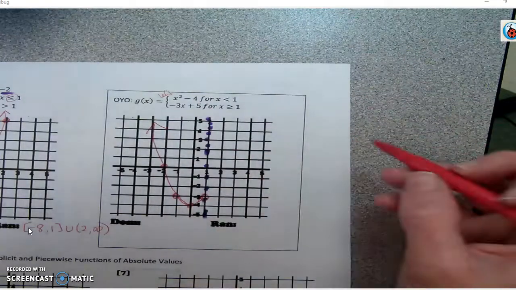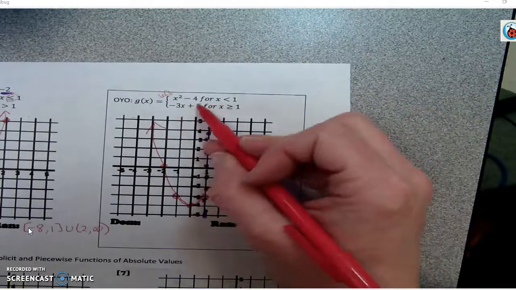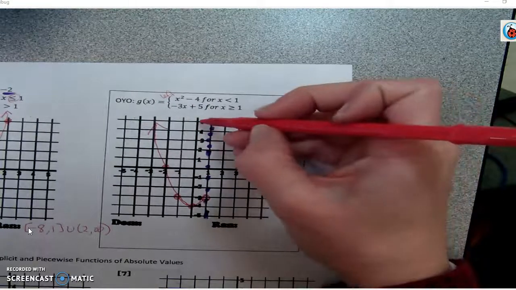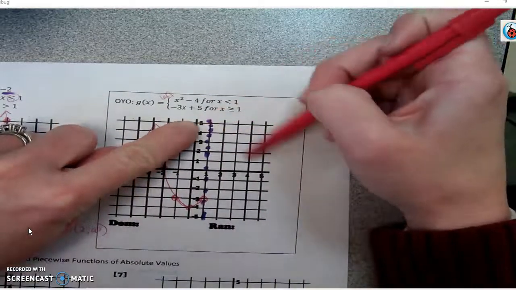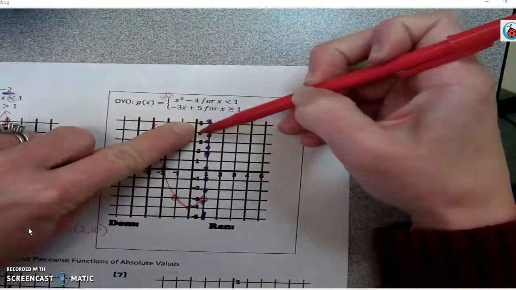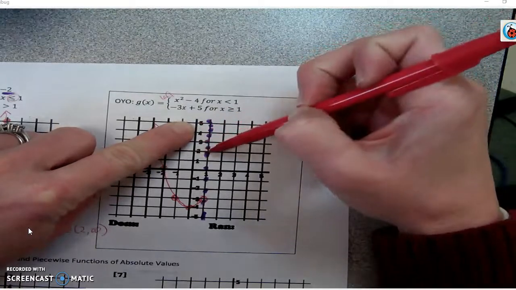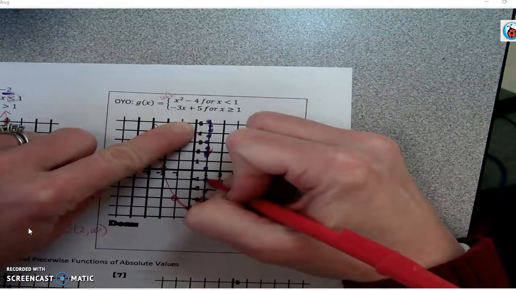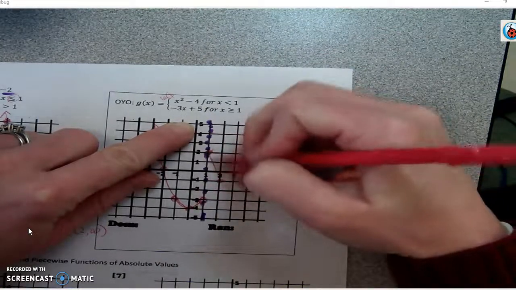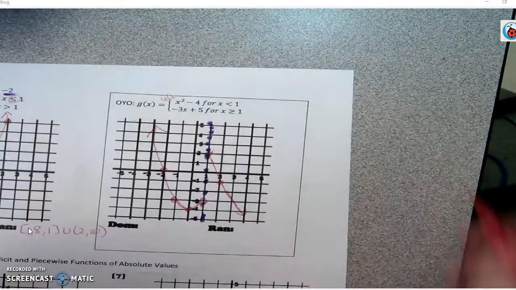Open circle there. This one is going to be a straight line. Your y-intercept is at 5. I'm not going to put a point there because I'm graphing to the right of this line. And then it goes down 3 over 1. Down 3 over 1. Okay.